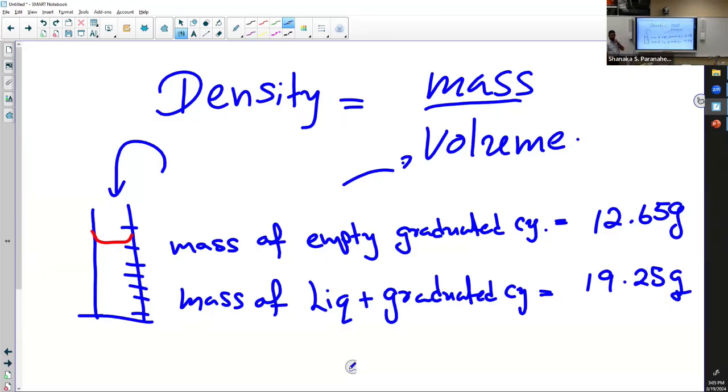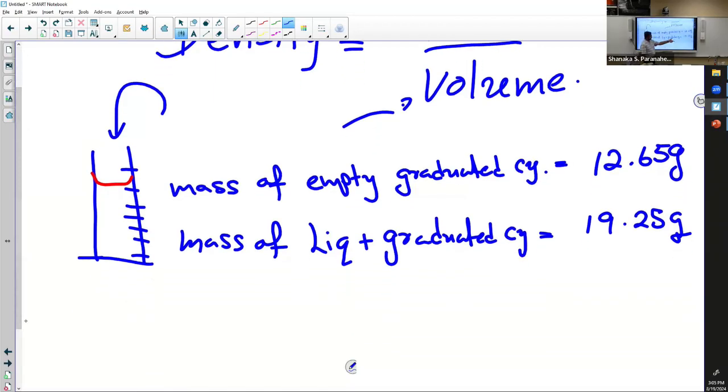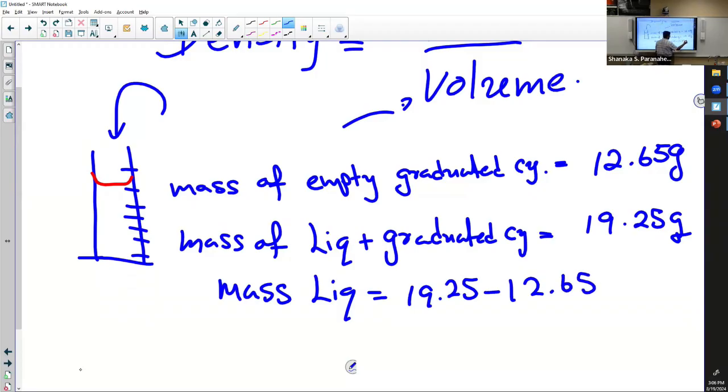How do we find the mass of the liquid? We subtract the two. When we subtract the lowest value from the largest value, we get the mass of the liquid. So mass of the liquid is equal to 19.25 minus 12.65 grams. It's going to be 6.6 grams.